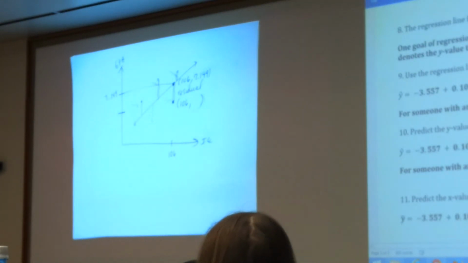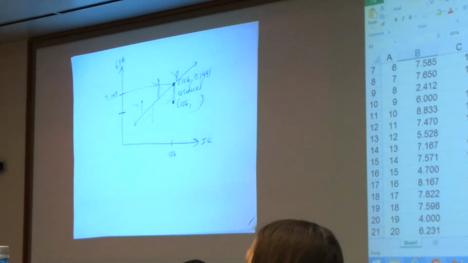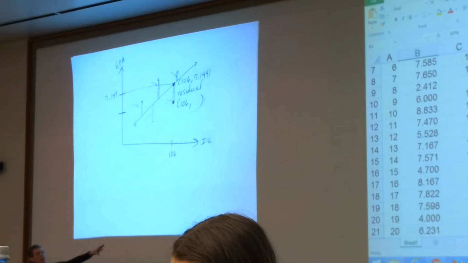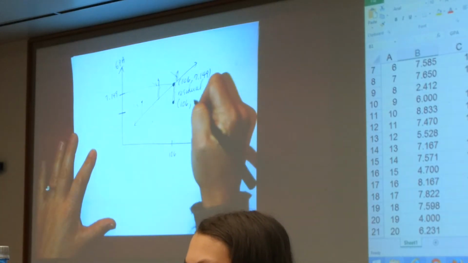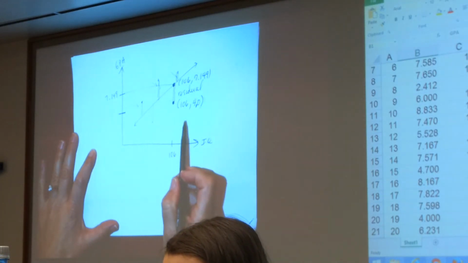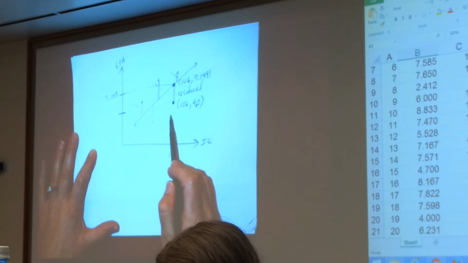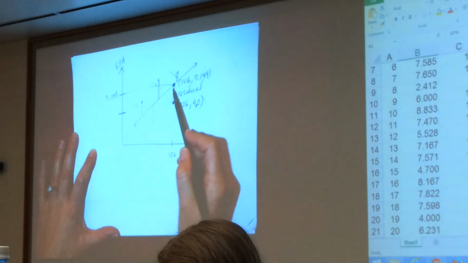So let's look back at our data. Do you see anywhere in the data an IQ of 106 and their actual GPA? What is their actual GPA? 4. So the actual point that was in the scatter plot was 106, 4.0. Please ask me if you don't know what I'm talking about as far as a data point, an X and a Y from your data, versus the X and the Y that are on the line.